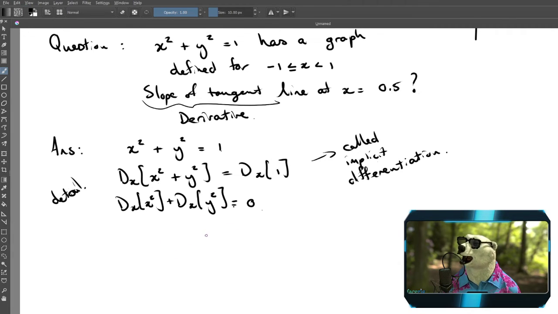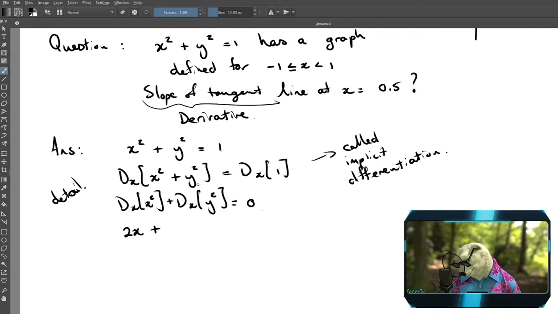They're not going away. I use the sum property just like I always do. Now I have two of these things to resolve. The derivative of x squared is 2x. Power rule, nothing has changed.